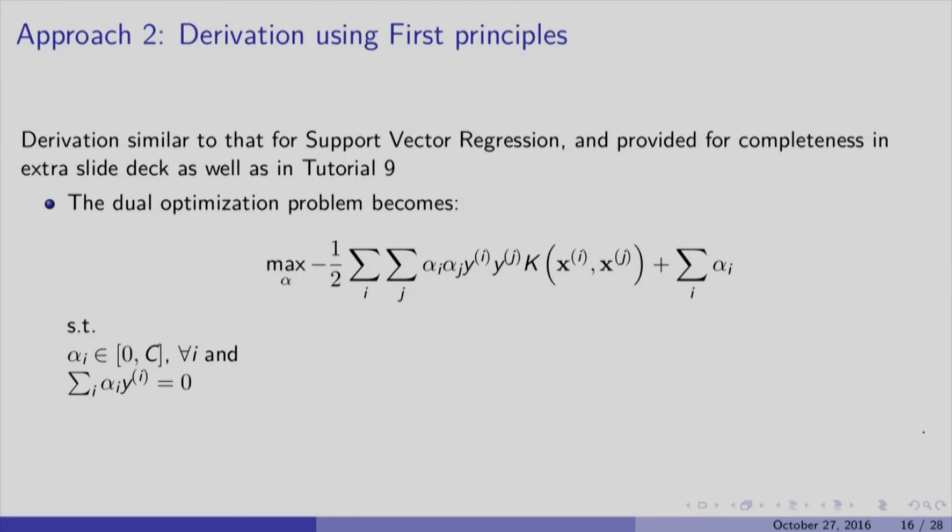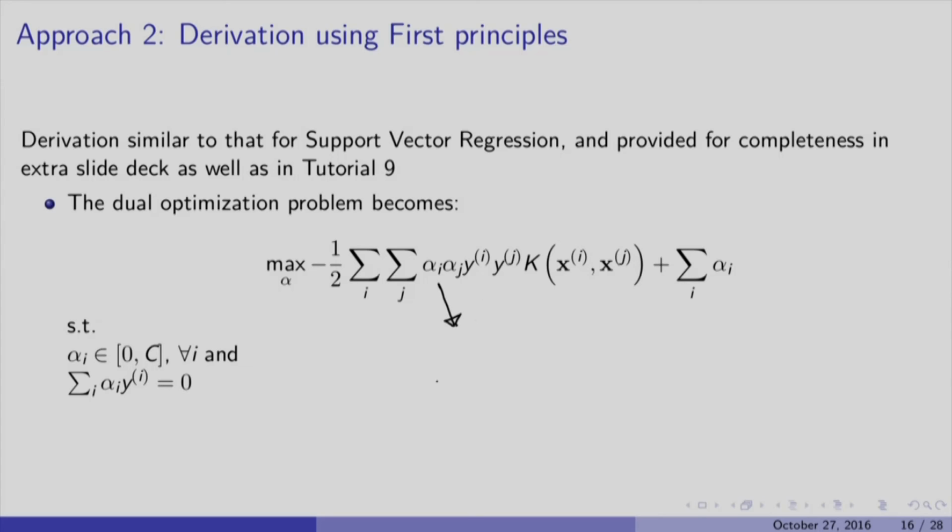One could also go back to first principles and derive the dual optimization problem, which is completely kernelized, and that turns out to be very similar to the form for support vector regression. In the case of support vector regression, we had two parameters alpha and alpha star for each point i.